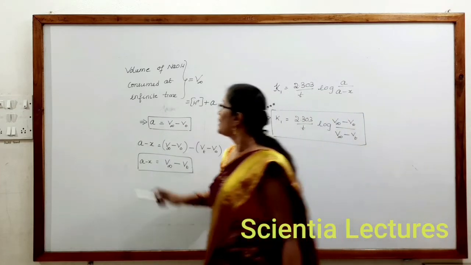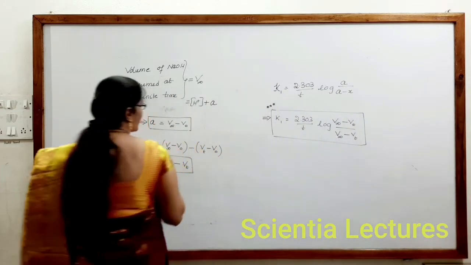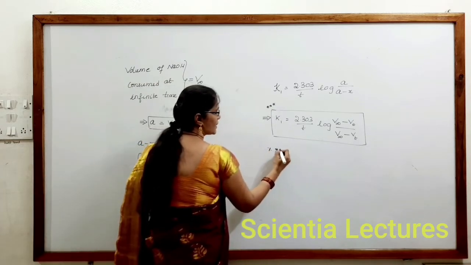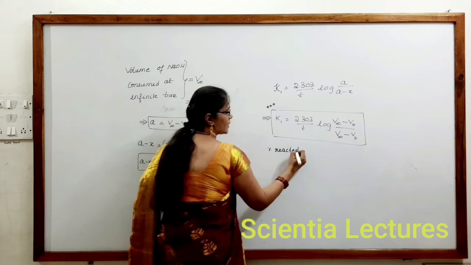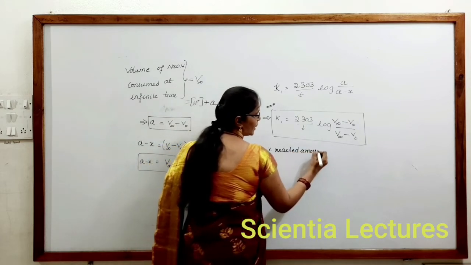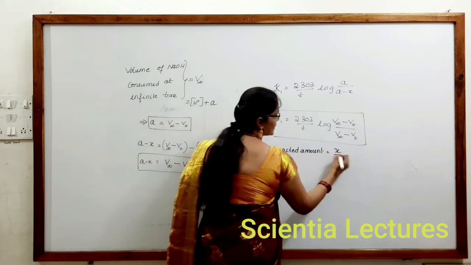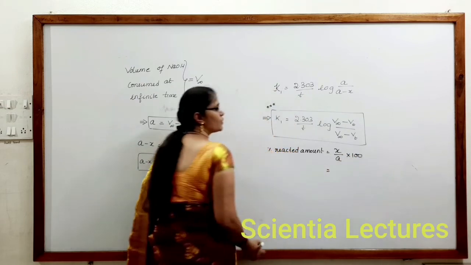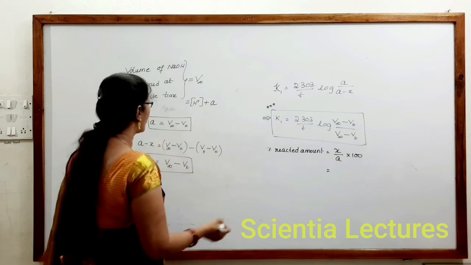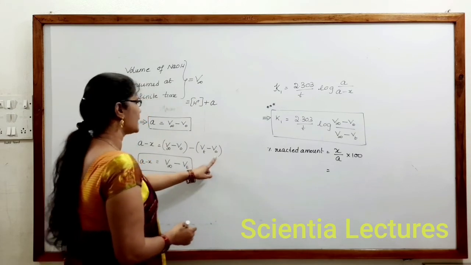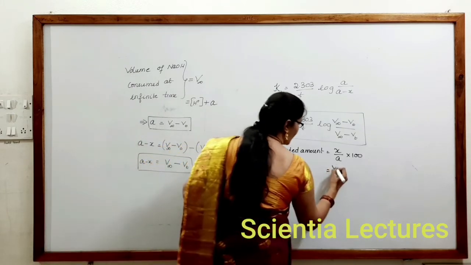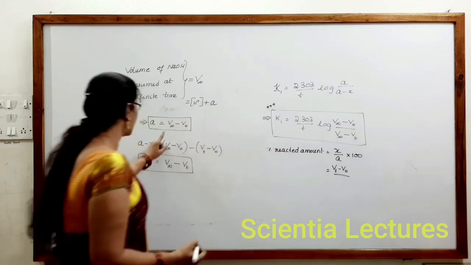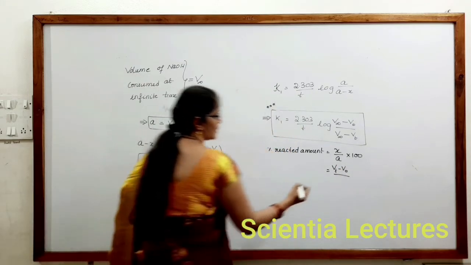So remember, in this total problem, what is the percentage of reacted amount? Always, percentage of reacted amount must be equal to X by A into 100. What is X here? Already we have derived X as Vt minus V naught. What is A here? V infinite minus V naught.